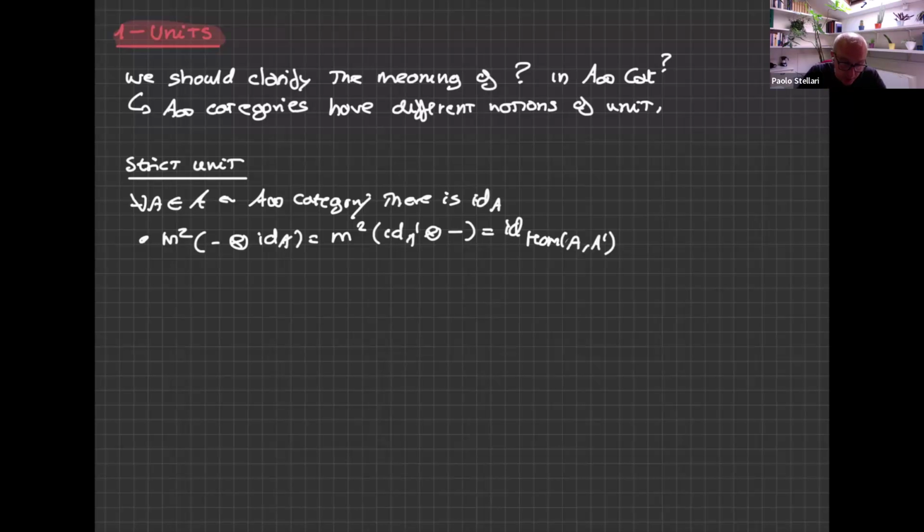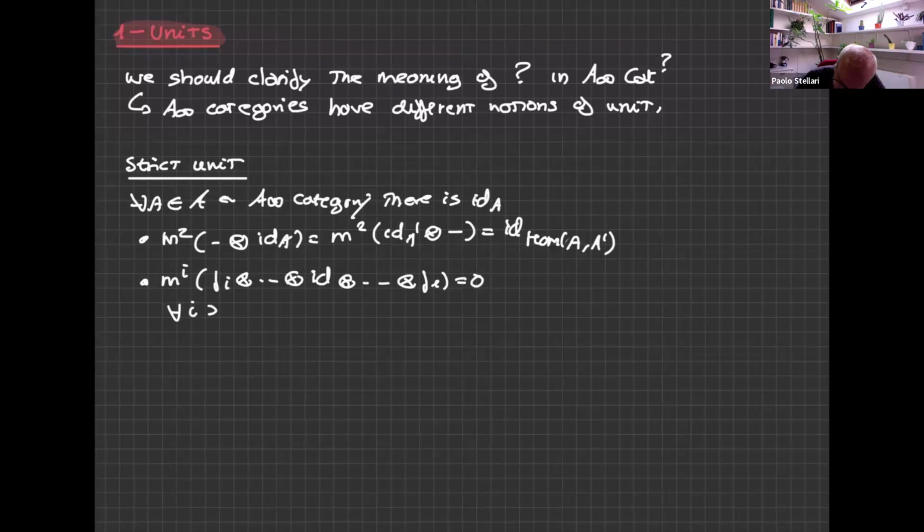Of course, we also want to require that if I look at higher M_i and I take a bunch of morphisms, and at some point the identity appears, then this must be 0 for i greater or equal than 3.